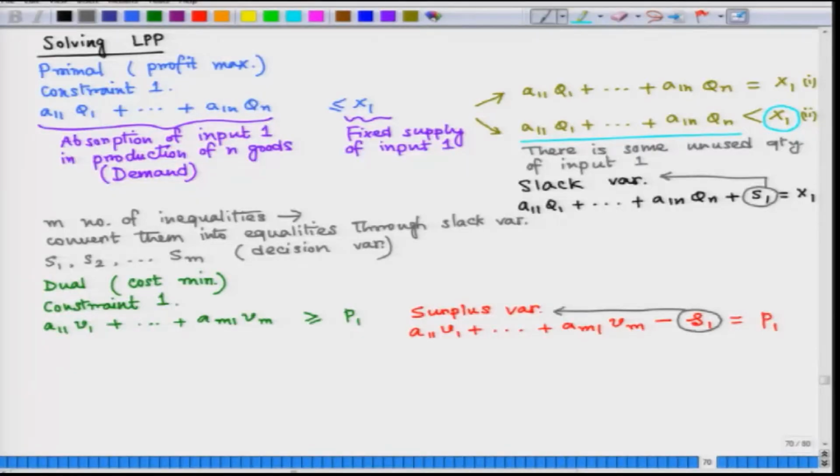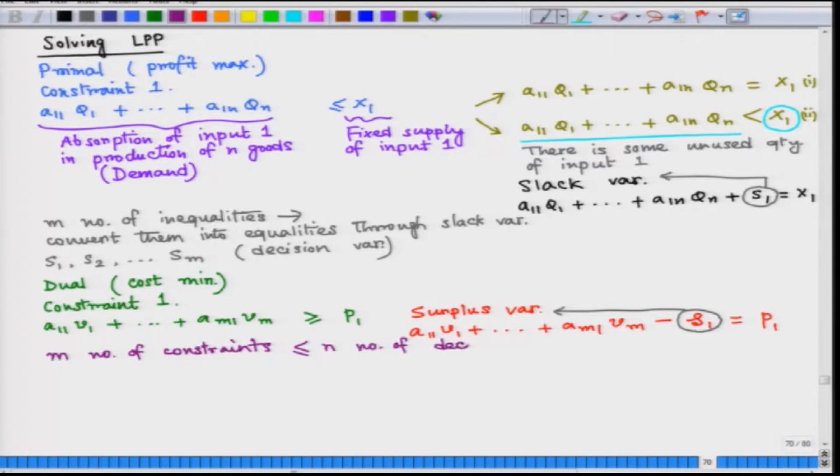So, now we are going to finally discuss the general procedure to solve general M cross N LPP, linear programming problem. So, now suppose we deal with M number of constraints which is less than or equal to n, which is basically the number of decision variables.